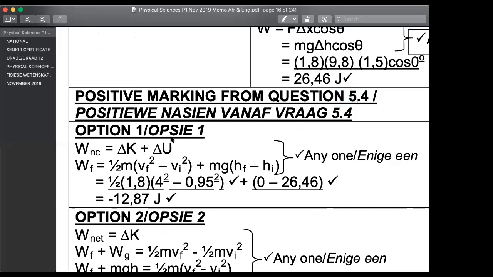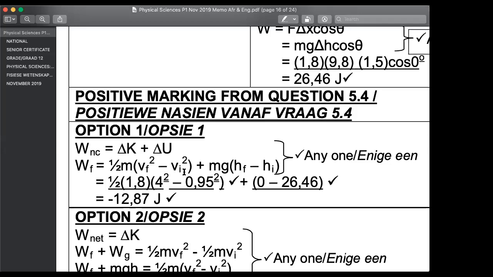Okay, so if you're using WNC, is this what we have? We use delta EK plus, they got delta U, but we'll use delta EP. We'll say delta EK plus delta EP. That's what we've been using, isn't it? So your delta EK will be a half mass, 1,8, Vf squared, which will be the final velocity, 4 squared, minus a half, again, mass 1,8, V initial 0,95 squared.